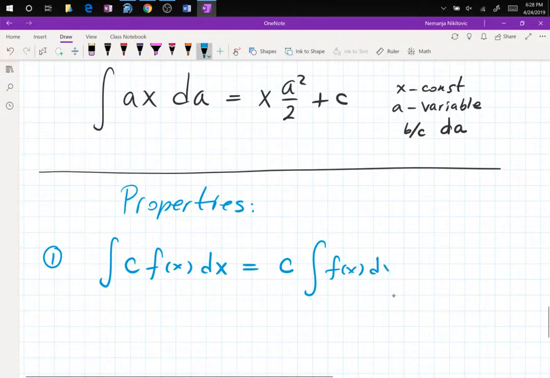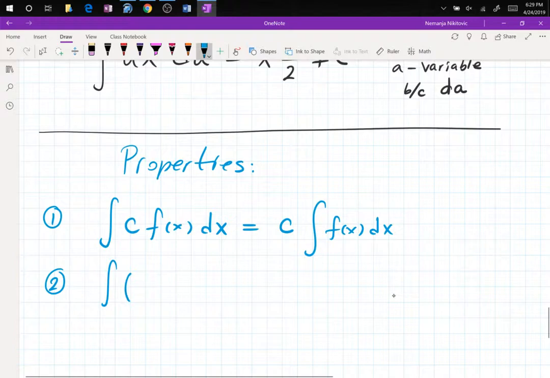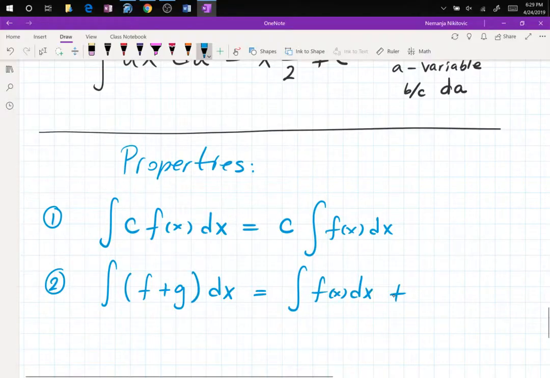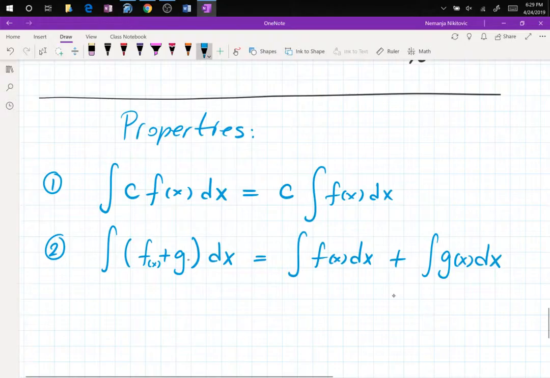Same rule you had for limits and the same rule you had for derivatives, right? You can kick the constant outside. Rule number two, if you have the integral of a sum of two functions, you can do separate integrals. So each one gets its own integral and its own dx. These are f of x and g of x over here.